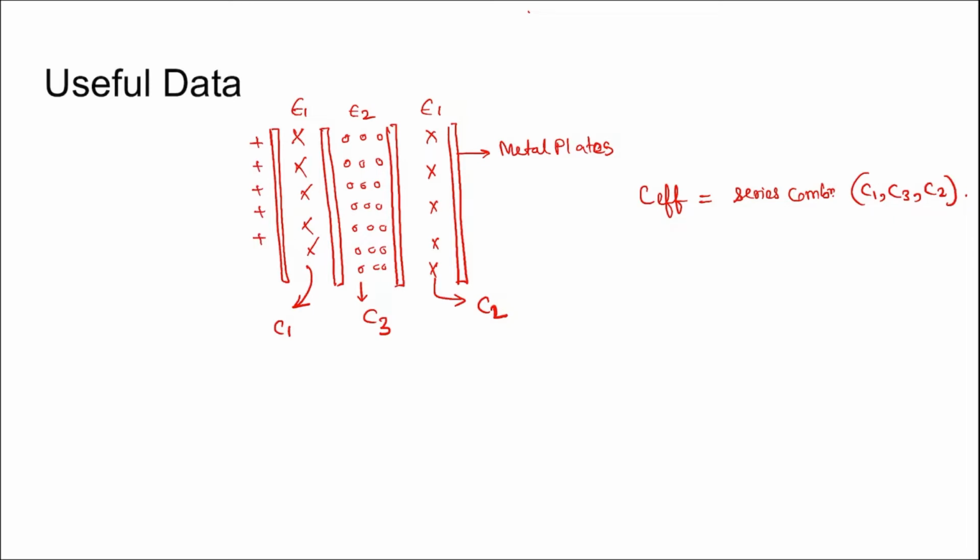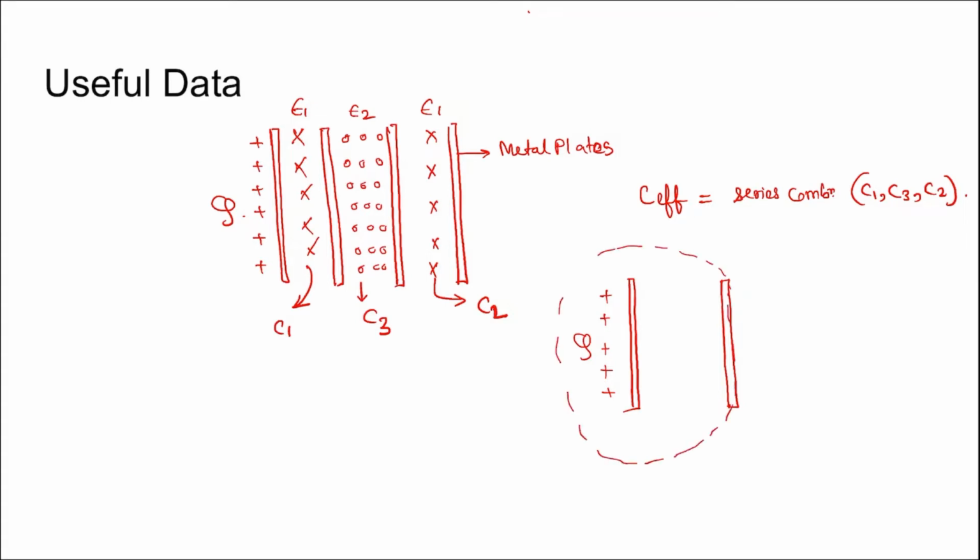Now you see, if the charge on this metal plate is plus Q, and this is another metal plate, you apply Gauss law. Take a closed surface around this enclosure; the electric field inside this metal should be 0.